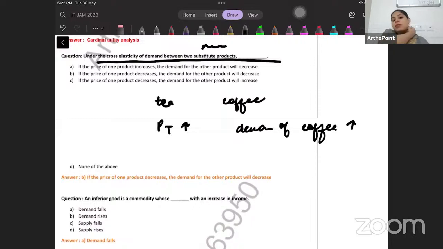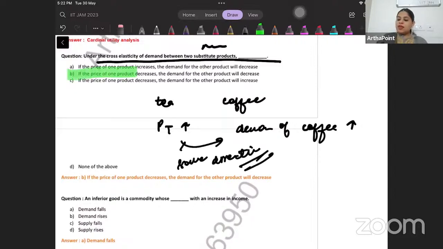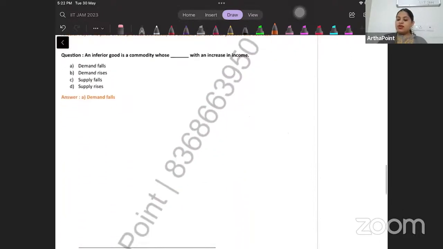So when the price of one product increases, the demand for the other product increases. They move in the same direction. So the answer to this question should be B. If the price of one product decreases, demand for the other product also decreases. Answer is B. Okay, beta, come to the next question.